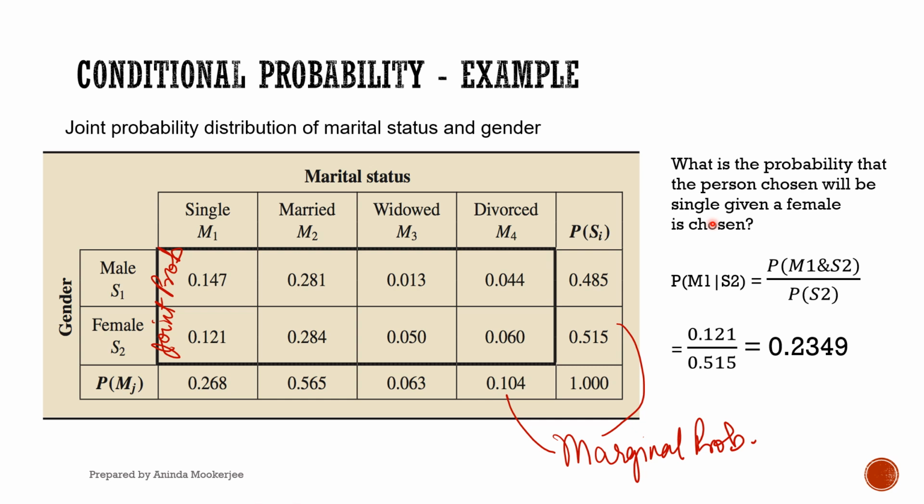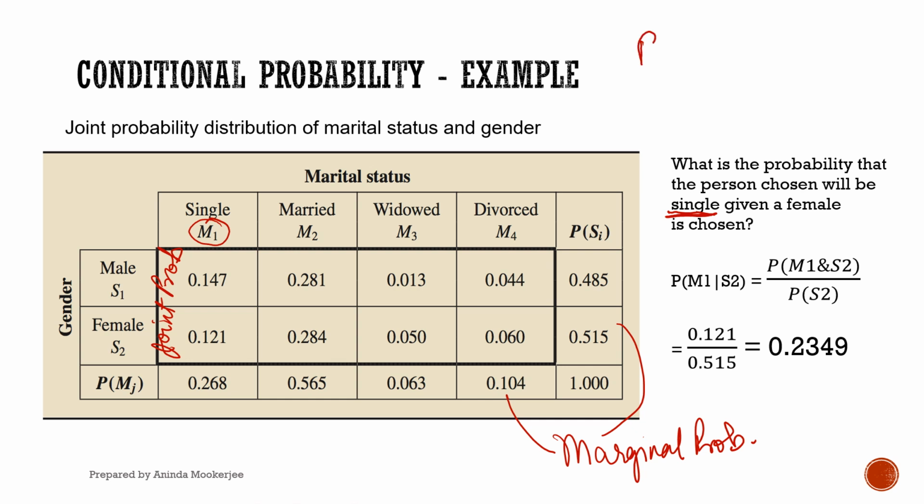Now, the question here is, what is the probability that the person chosen will be single given a female is chosen? So instead of saying single, married, widowed, I'm going to use these notations, M1, M2, M3, M4, and S1 and S2. The question says, what is the probability the person chosen will be single? That implies the marital status, and that marital status is indicated as M1.